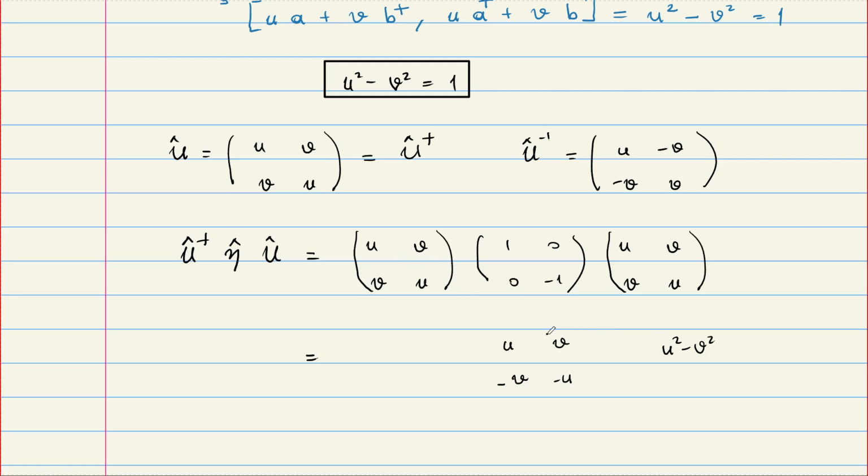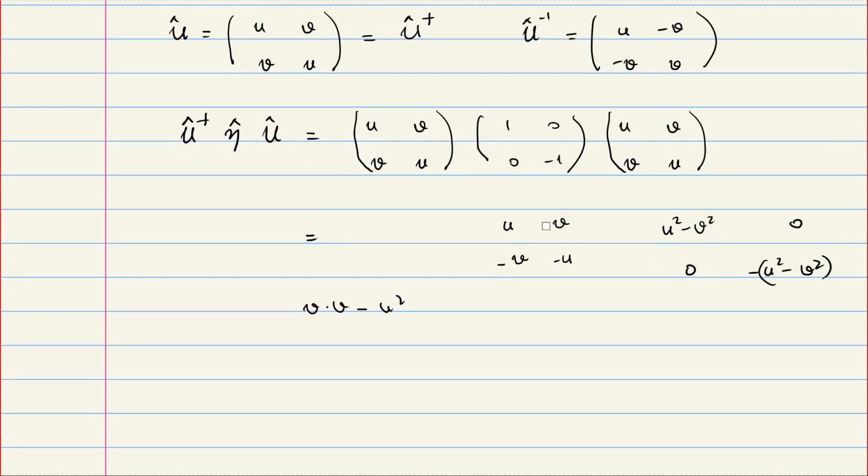The second element is UV minus VU, 0. The third element is UV minus UV, this is also 0, and this is U square minus V squared, with a minus, right? Let's check. This is V times V minus U squared, but this is U square, okay, this is exactly what it is.